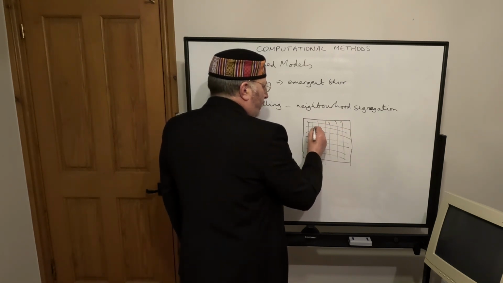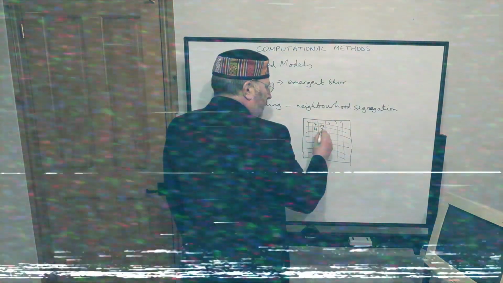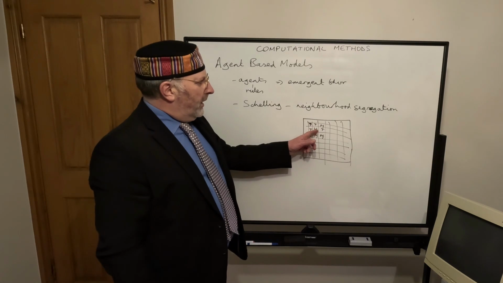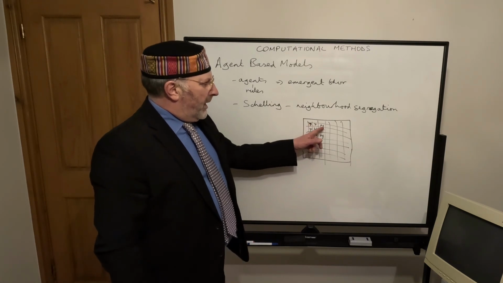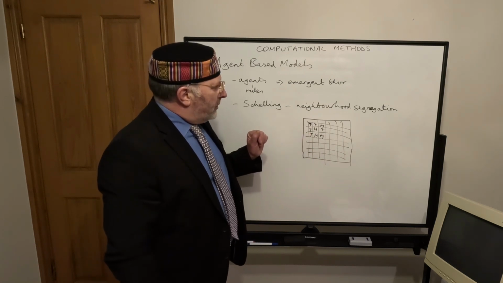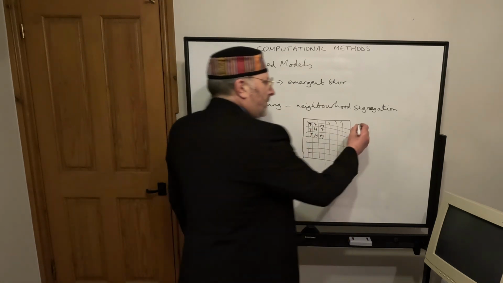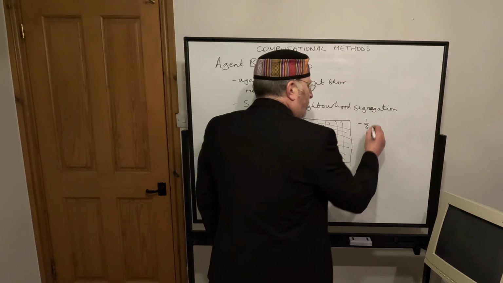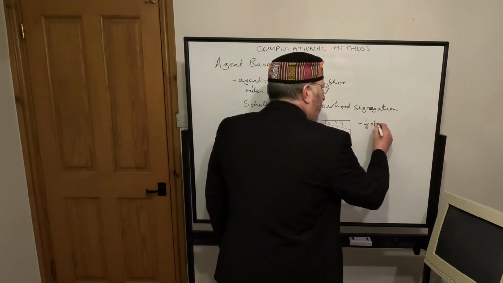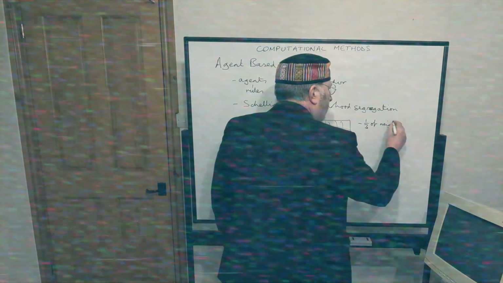You could also have heads and tails. So a given person is surrounded by up to 8 neighbours, and he said that let's have that people prefer to live with a third of their neighbours being the same as themselves.